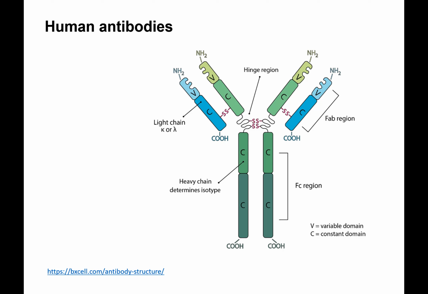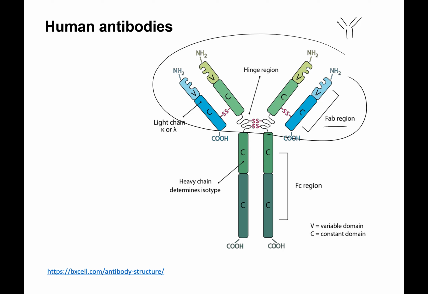Human antibodies have this structure, so this is why I draw it like this. They have light chains and heavy chains. These are encoded in your genome. This top region is called the FAB region for fragment antigen binding.